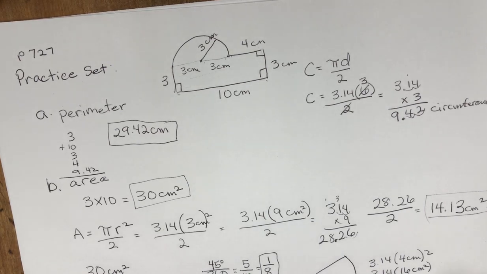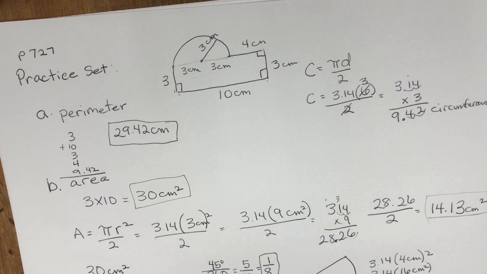8 goes into 50 6 times. 6 times 8 is 48. Subtract and get 2. 8 goes into 22 2 times. 2 times 8 is 16. We subtract that and we get 6. Bring down the 4.